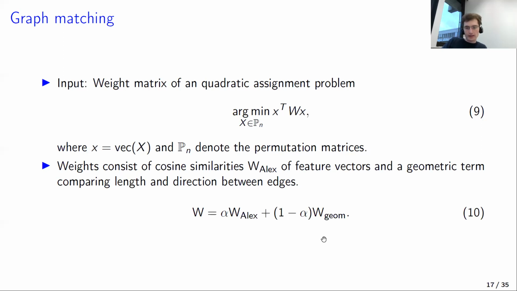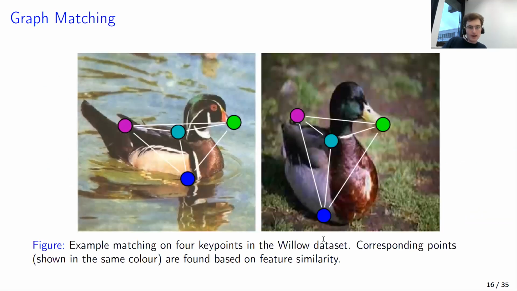This contains differences in spatial distances between pixels. We used a specific data set, the Willow data set, where the spatial differences between these key points are meaningful, and also the direction of these.